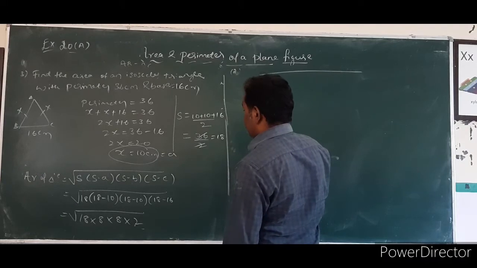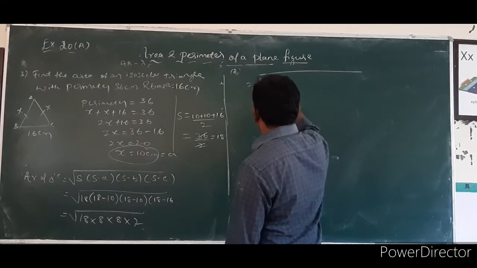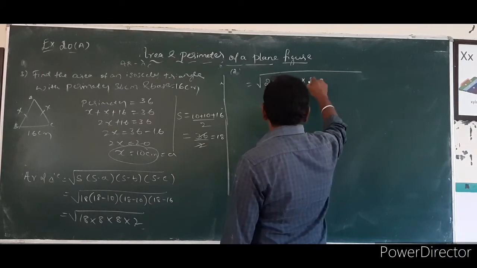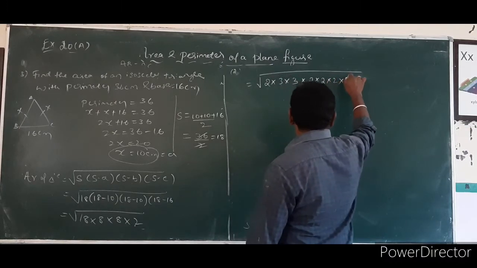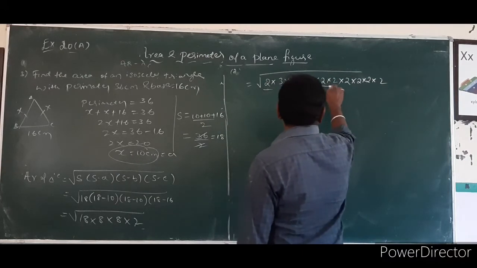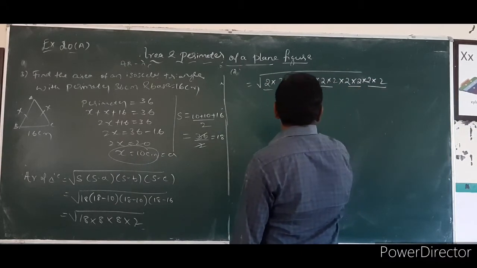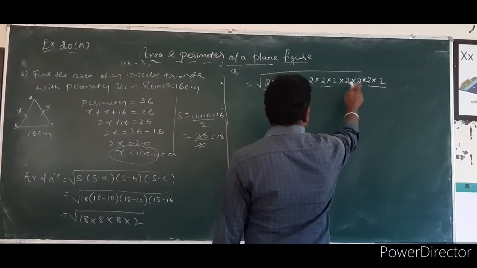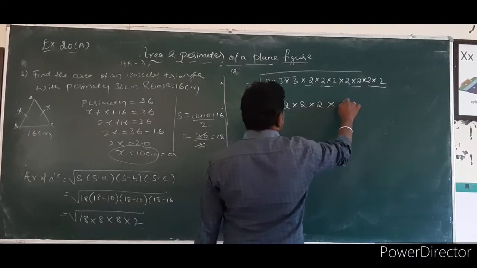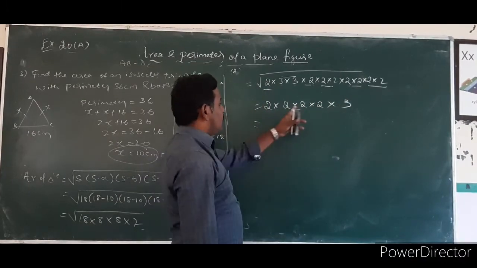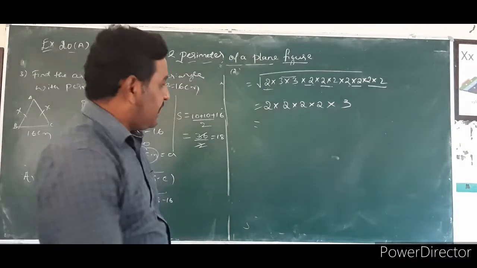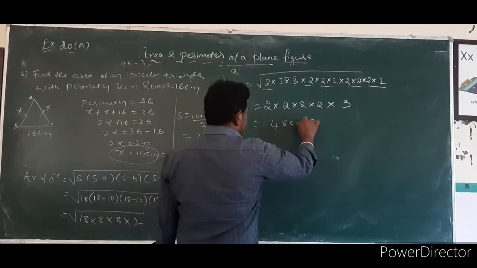So that is root of 2 9s are 2 into 3 into 3. 2 3s are 6, 6 3s are 18, 2 2s are 4, 4 2s are 8. 2 into 2 into 2 into 2, 3. 2 2s are 4, 4 2s are 8, 8 2s are 16, 16 3s are 48 centimeter square.